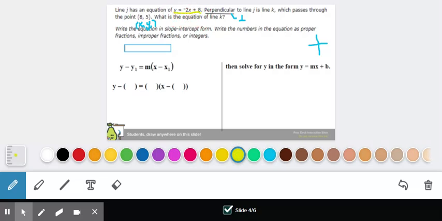Okay, let's see what we can do here. So first off, we need to find our original slope. Let's do m sub g because it's our given slope. M sub g is going to be the slope of this equation, which is negative 2. I know that, and then let's call m sub n our new slope.